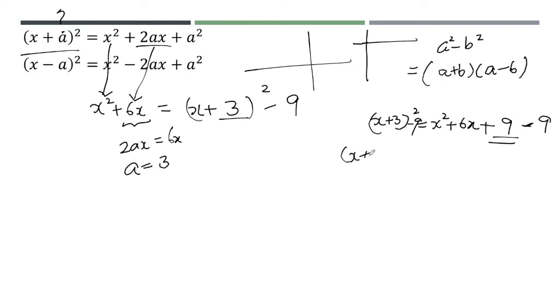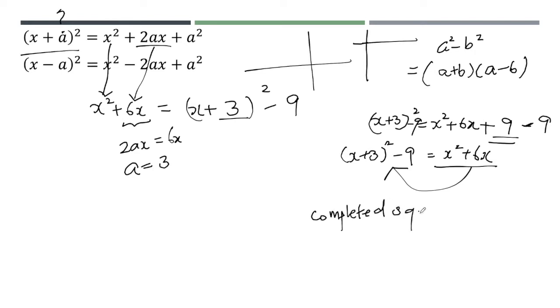I can safely say that this expression minus 9 is equal to x squared plus 6x. So there you have it. If I give you x squared plus 6x, I get this. This is what I call complete the square form. You have finished completing the square.